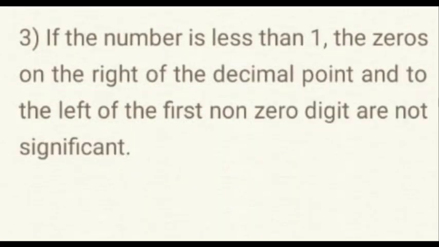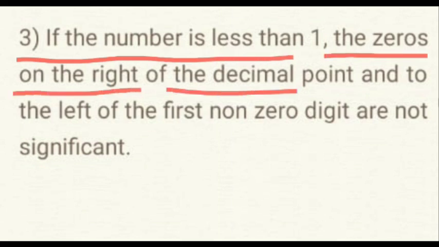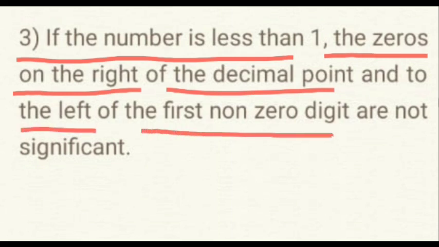The third rule is, if the number is less than 1, the zeros on the right of the decimal point and to the left of the first non-zero digit are not significant. Here "not" is important, right? So we will take one example.